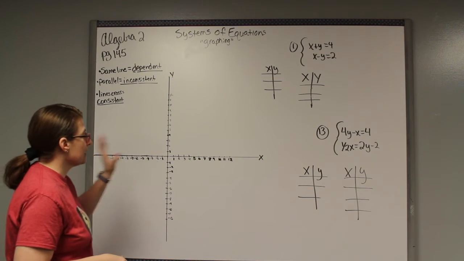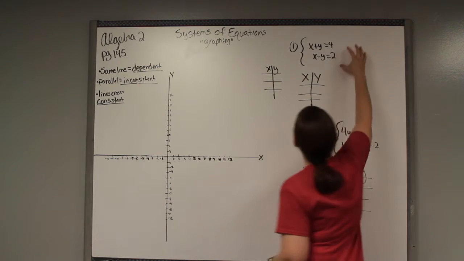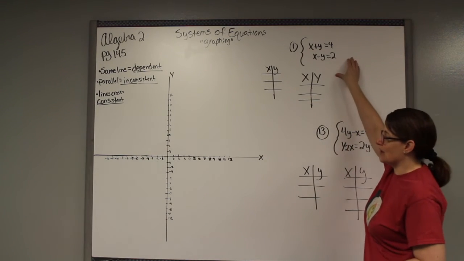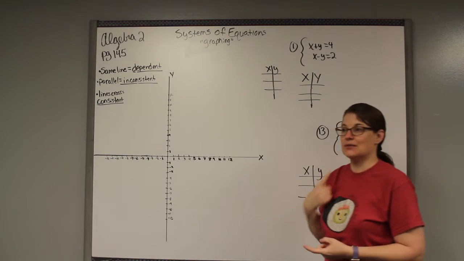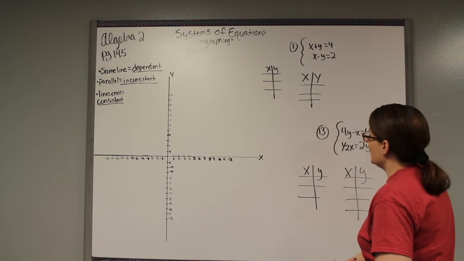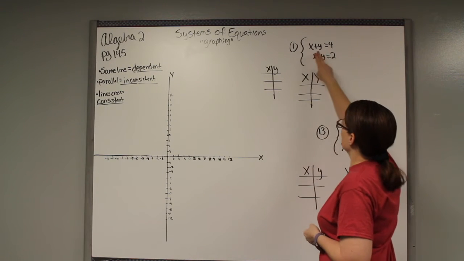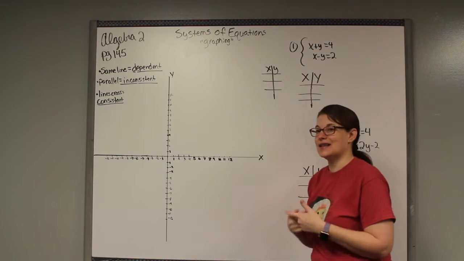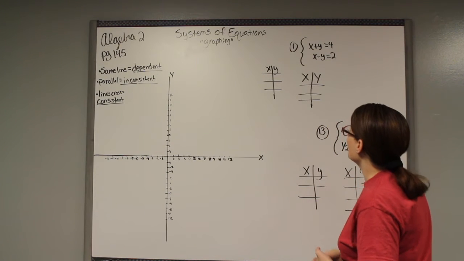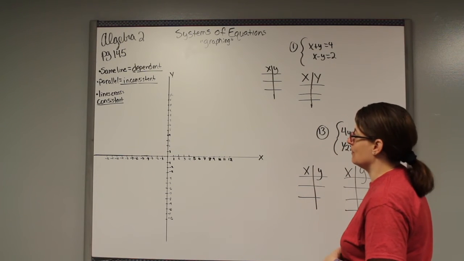A system of equations is where you have two equations that work together to find a solution that makes both of them true. That is a point for x and y that makes that statement true. Both of them true, not just one of them.